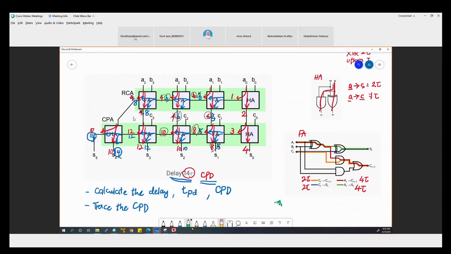There are multiple paths here, so we are not taking any of these paths, because we eliminate this path here, already eliminated, and this path. Can you see my mouse?